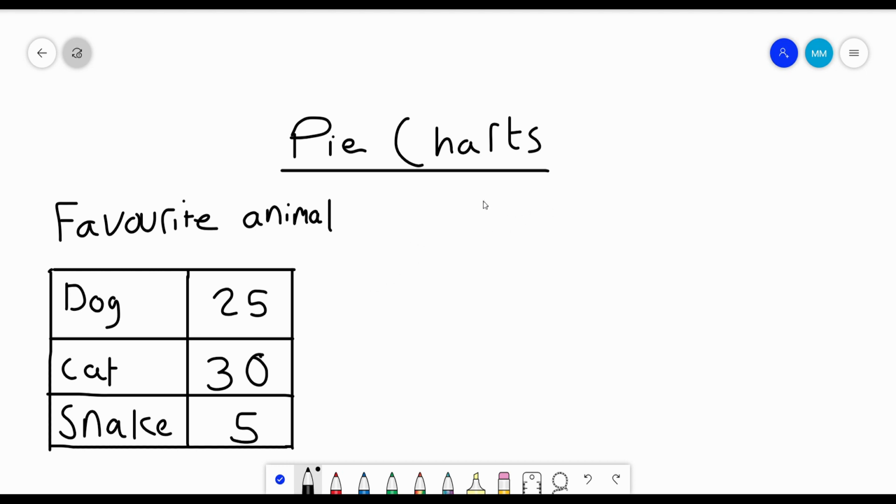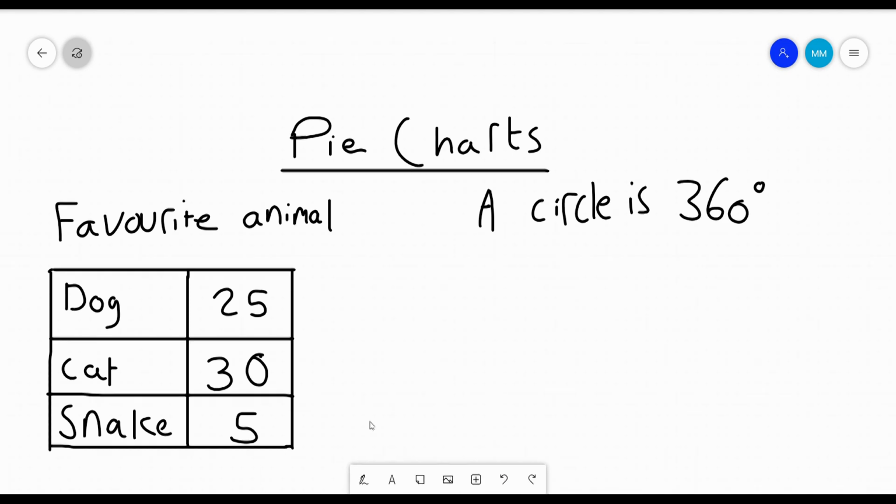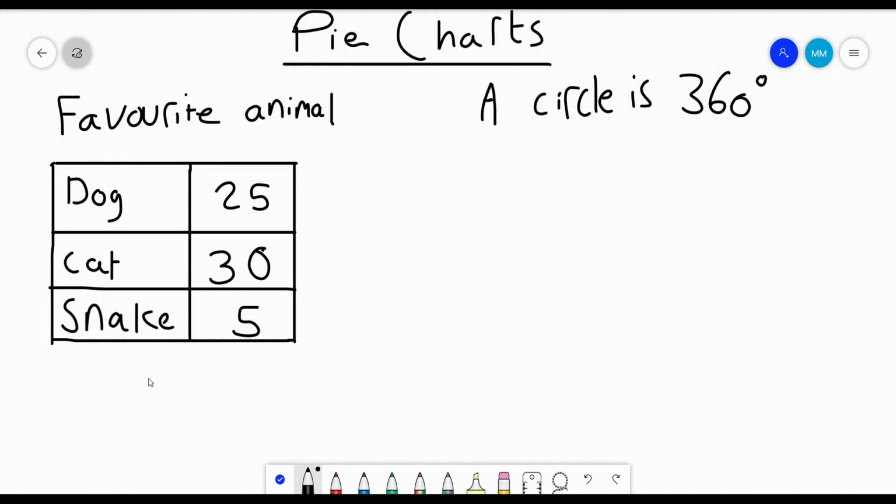We know, or you should know, that a circle is 360 degrees. Now we know that the total number of people who voted was 25 plus 30 plus 5, so it's 60 people who voted.